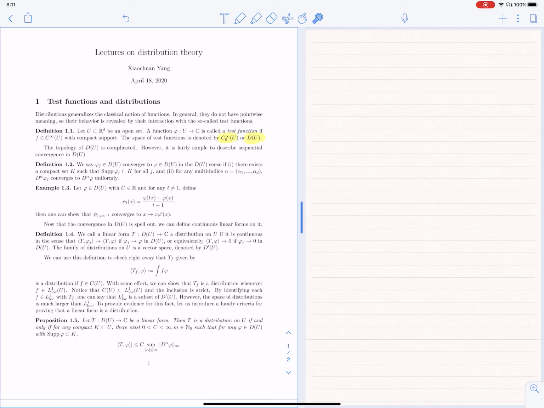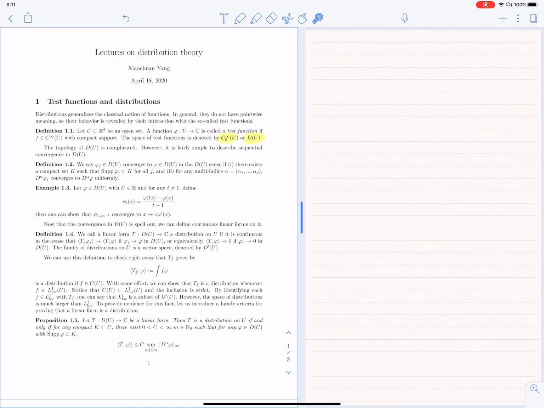First, there exists a compact set K such that the support of all the functions in the sequence is included in K. And secondly, for any multi-index alpha (there was a typo), the partial derivatives of phi_j converge to the partial derivatives of phi uniformly.